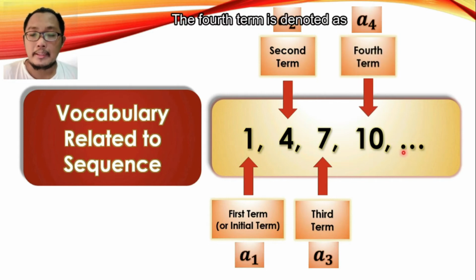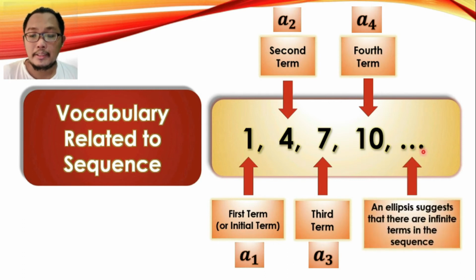So you will notice that there is an ellipsis here, which suggests that there are infinite numbers of terms in this particular sequence. That means that the list of numbers goes on forever in this case. And sometimes a sequence is considered a set, so that is why you will see phrases like this in a sequence.